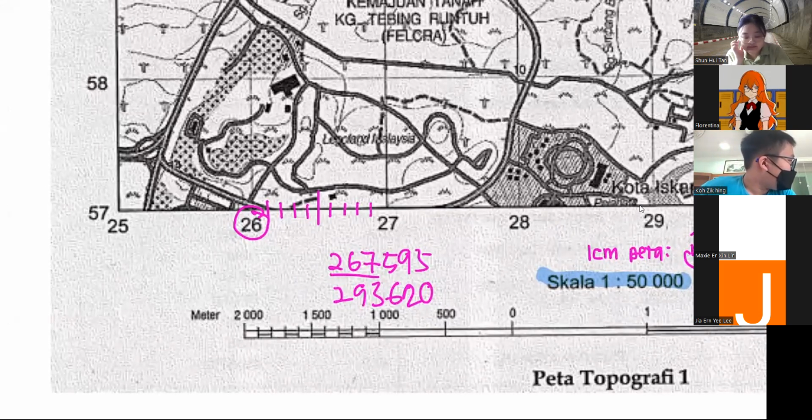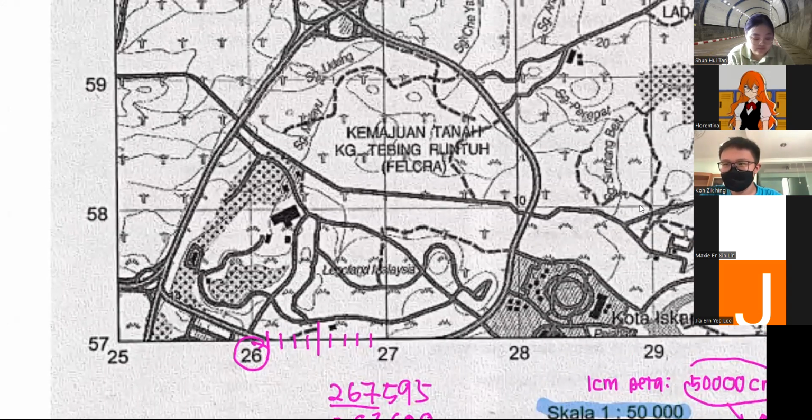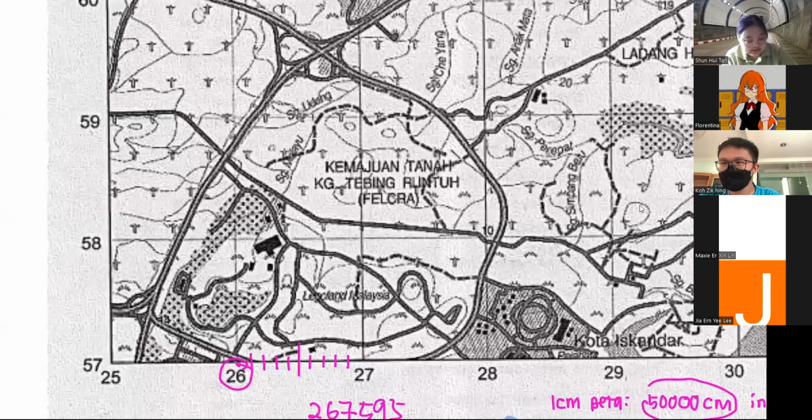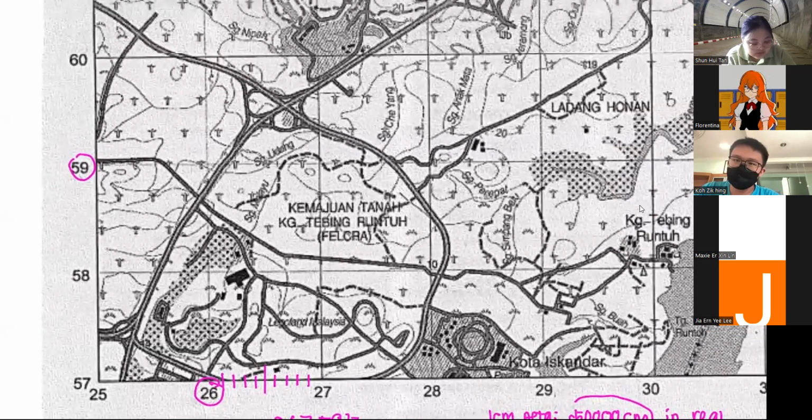And then you calculate 26, 0.1, 0.2, 0.3, 0.4, 0.5, 0.6, 0.7. All right. And then 59.5. So 59 is where? 59 is here. 0.5, so in the middle. Okay. And then you can use your ruler and plot it out.